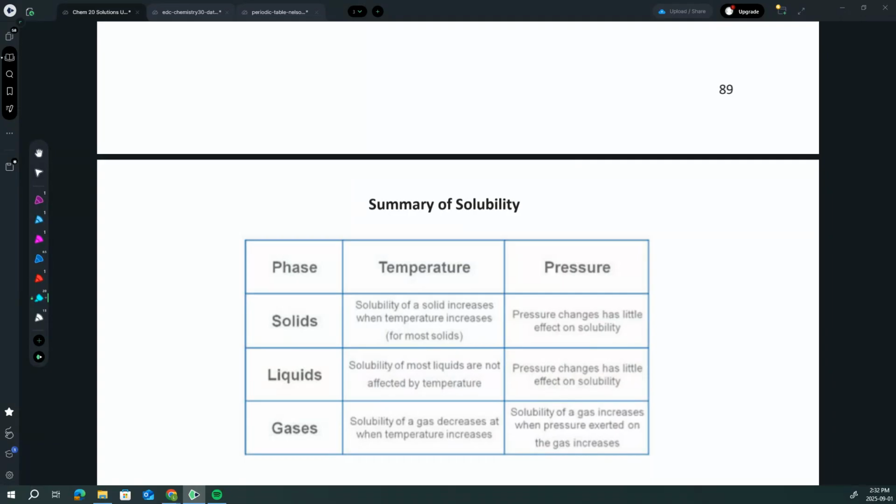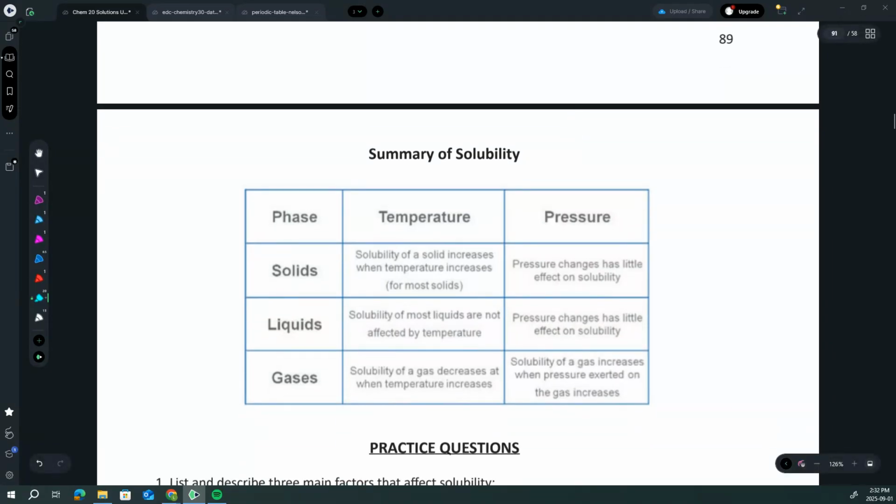And for pressure, the solubility of a gas increases when you increase the pressure. Okay, so this is actually like a really nice table that summarizes factors that can affect solubility, such as temperature and pressure.